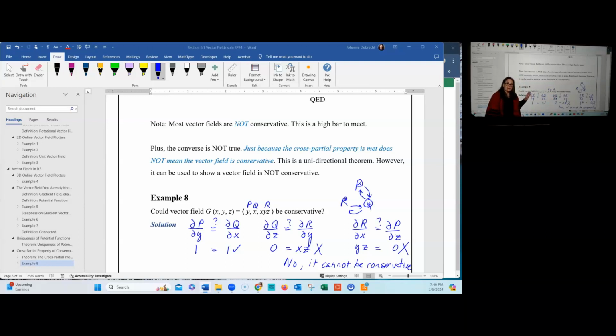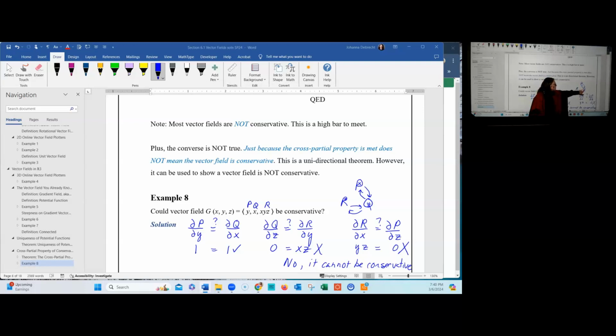The three partial derivatives that we have to show are that the partial of p with respect to y is equal to the partial of q with respect to x. When you're looking at your circular graph, remember that p represents the first component in the x or i hat direction, Q represents the second component in the y or j hat direction, and R represents the third component in the z or k hat direction.